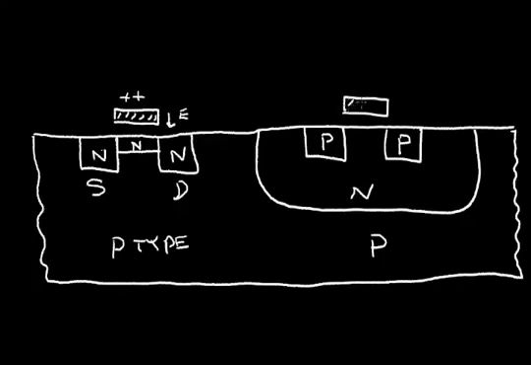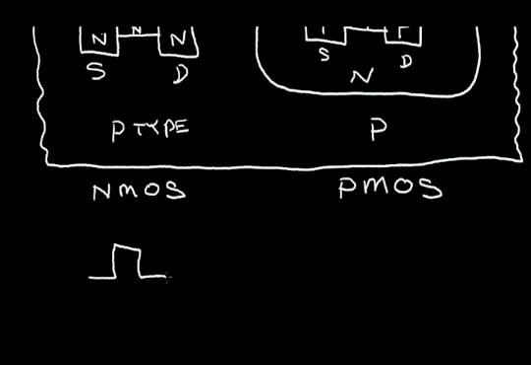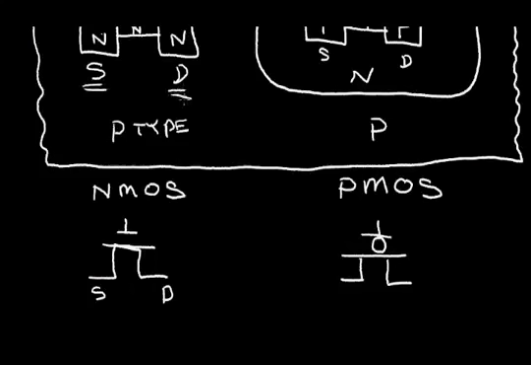And the symbol again for the NMOS transistor is this, and the symbol for the PMOS transistor is similar, but with a little bubble at the gate. So if this is a source and drain, that corresponds to this source, this drain.